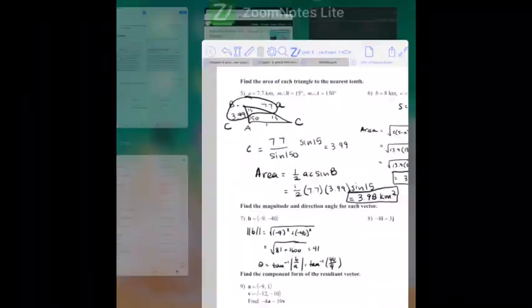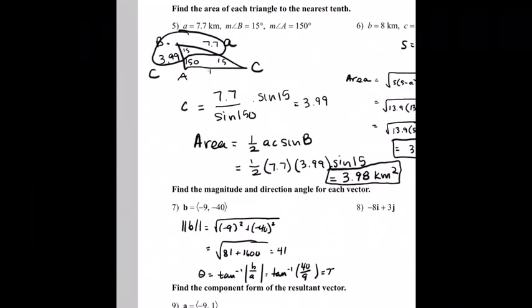And that's 77.32. But you need to recall now, for the inverse tangent of b over a, since b over a is positive, we use absolute values.